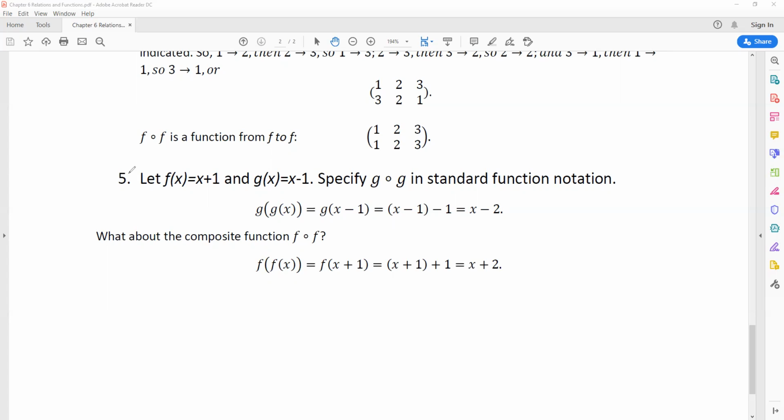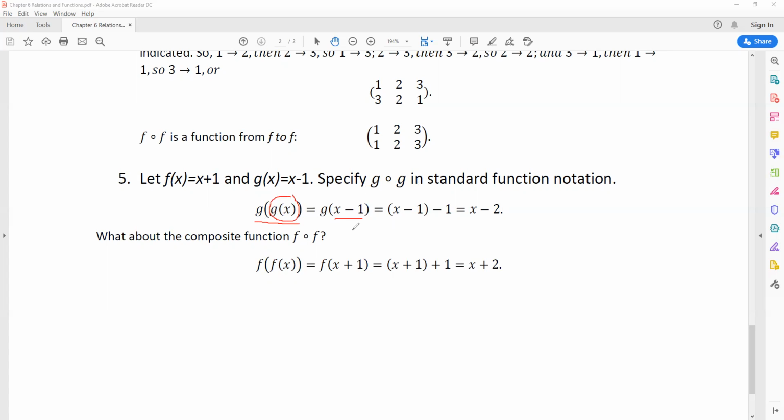So what does g of g look like? Well, g of g is the same thing as g of g of x, which can be written this way. And since g of x is equal to x minus 1, I'm going to substitute in x minus 1 in place of this g of x.